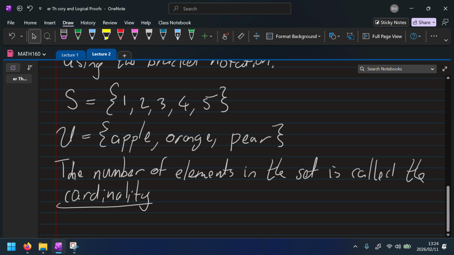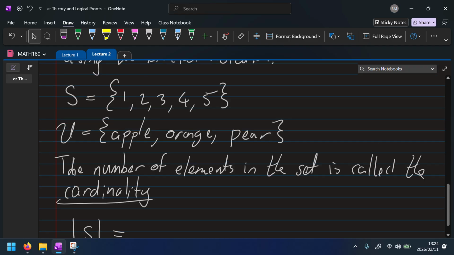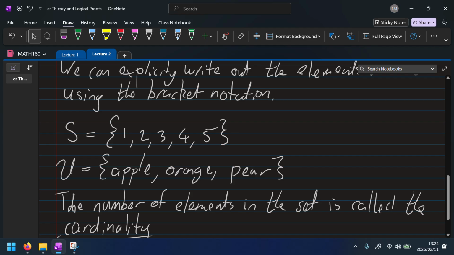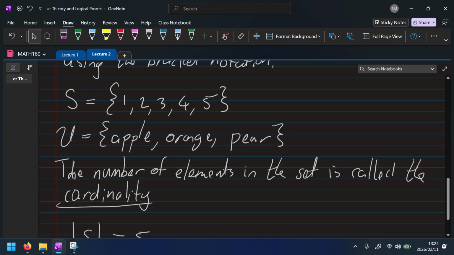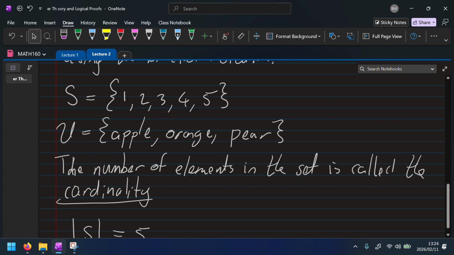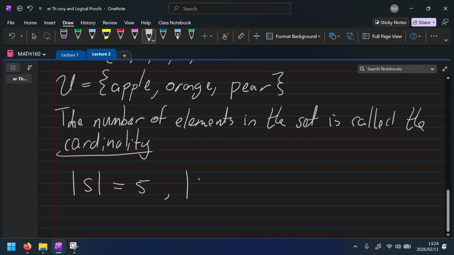So we'll do the example for these two. The first one, S, we use our absolute value symbol, the vertical lines. So |S| like this means the number of elements in that set. So here S has 1, 2, 3, 4, 5 elements. So the cardinality of S is 5. In the second case, we have 1, 2, 3 elements. So the cardinality of U is 3.